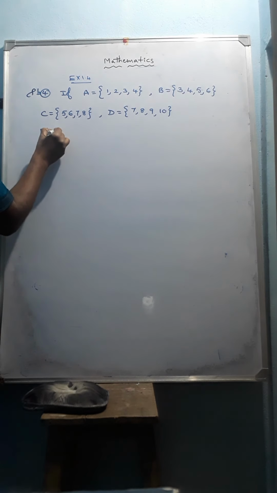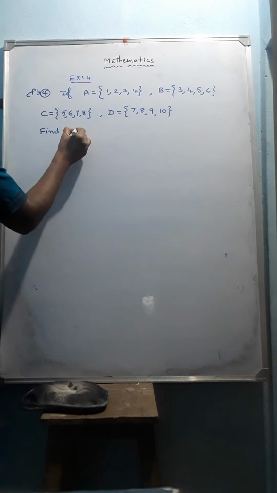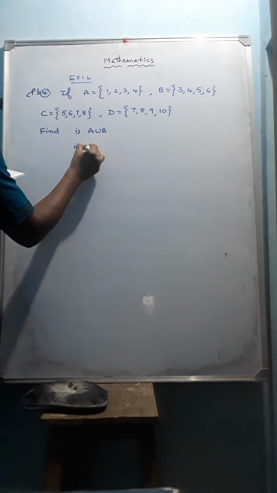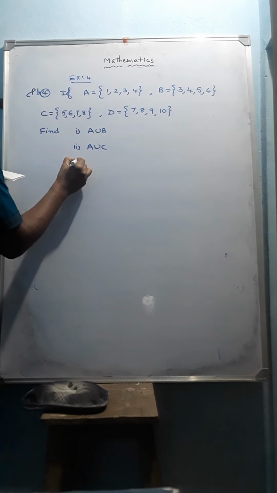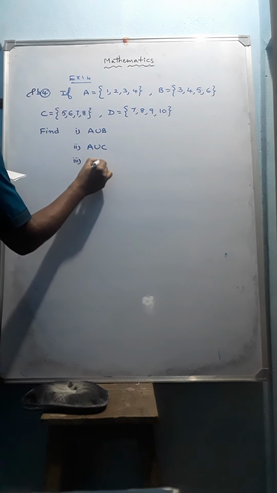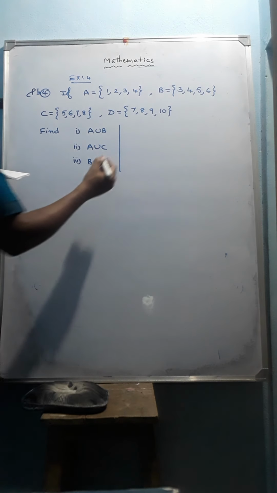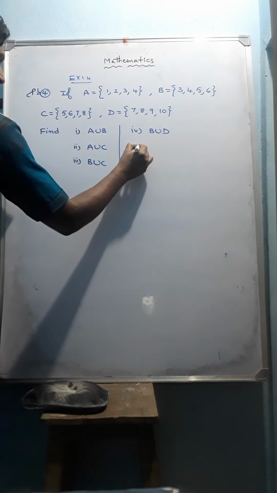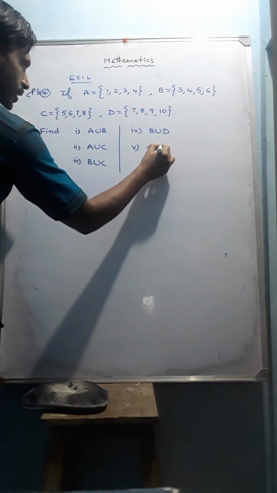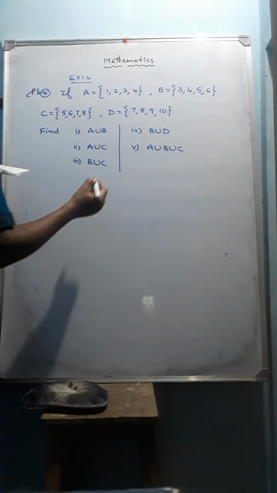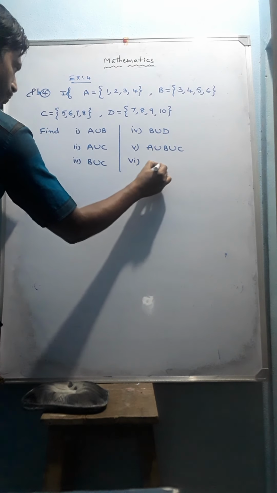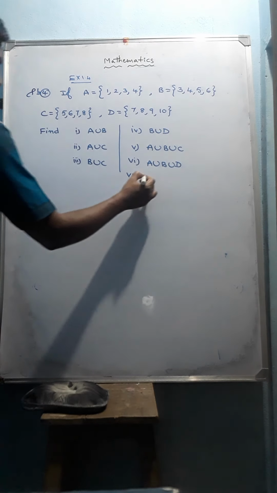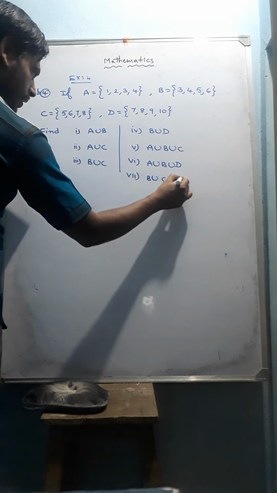Find: problem 1, A union B; problem 2, A union C; problem 3, B union C; problem 4, B union D; problem 5, A union B union C; problem 6, A union B union D; problem 7, B union C union D.